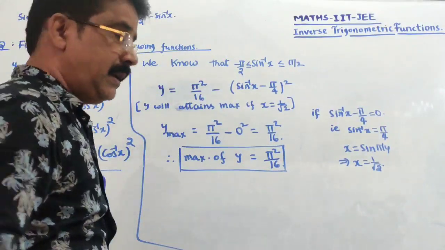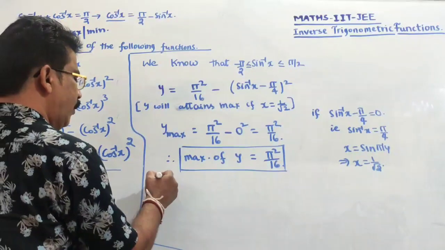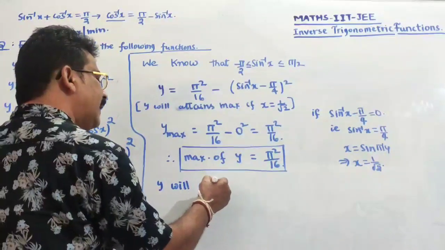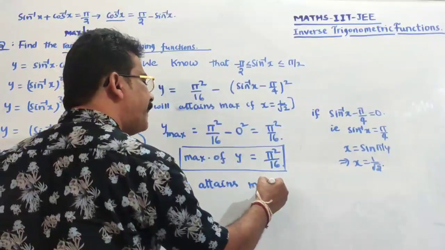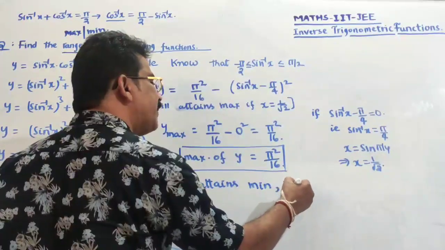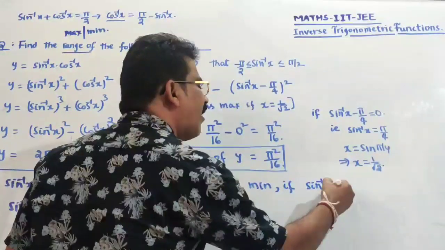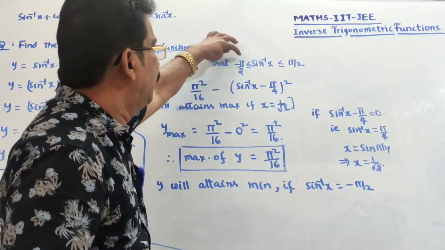Okay, next, now we are going to find the minimum value. Here y will attain minimum if this sin inverse of x equal to minus pi by 2, means minimum.